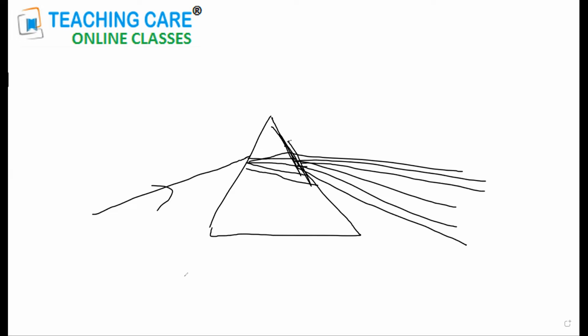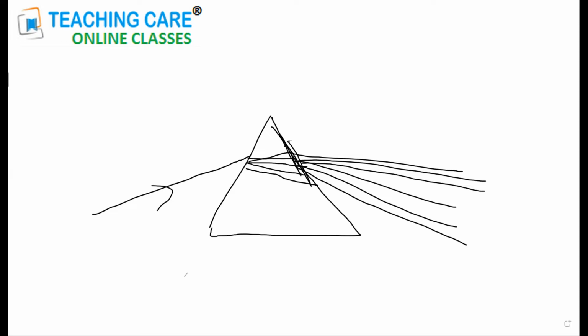Now, light can travel with or without any medium, whether we are transmitting light through air, or sending light through a vacuum. A vacuum doesn't have any medium. Vacuum is a completely empty space. So whether there is a medium or no medium, light can travel.